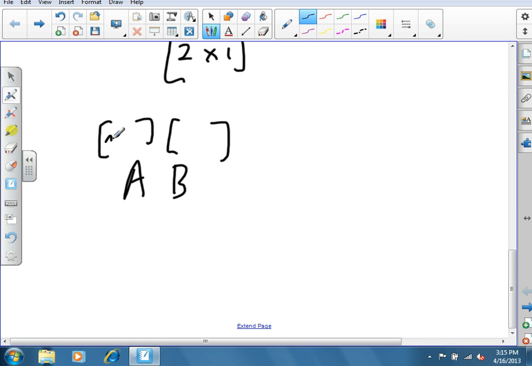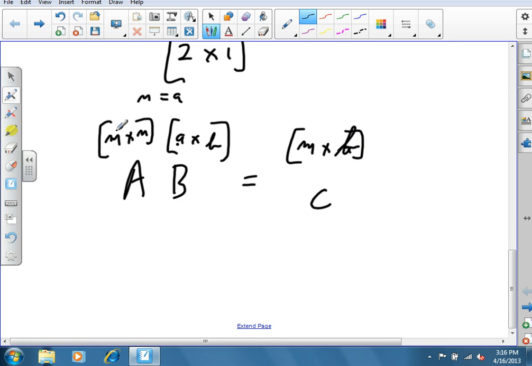So if this is M times N, and this is A by B, then if I'm going to multiply this together, then N has to equal A. So the number of columns in the first guy has to be the number of rows in the second guy, and my answer, C, is going to be an M by B matrix.